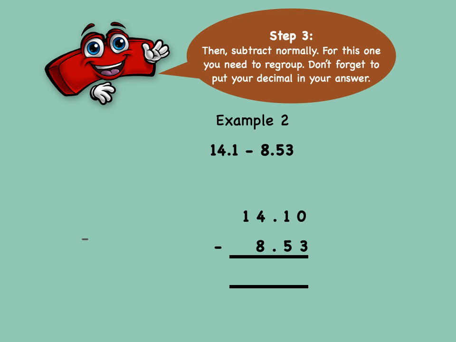So for this one, again, we need to regroup. 0 minus 3, we cannot do that. So we take from the tenths, yes. So that will become 0. You take 1, and this will become 10 hundredths. 10 minus 3 is 7. So 0 minus 5, can we do that? Cannot, so we're going to take 1 from the ones here.